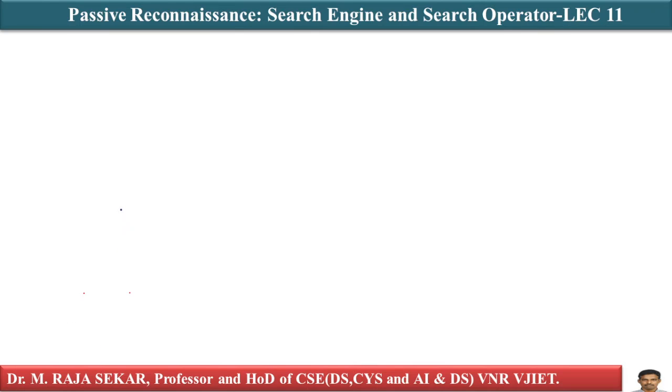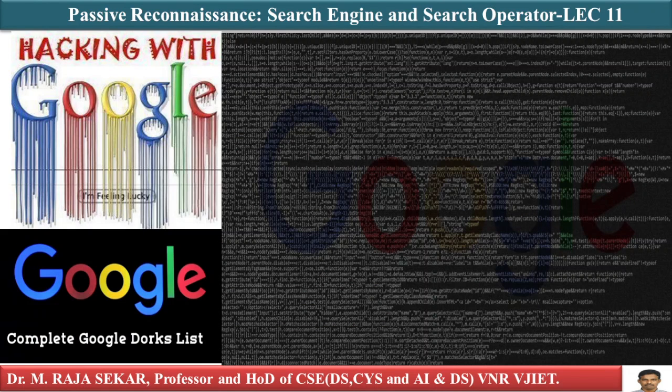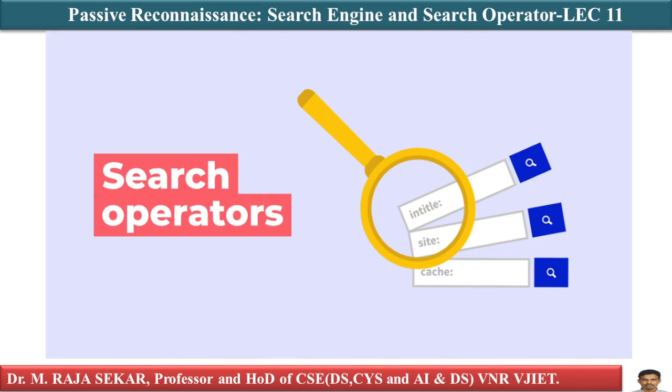In this lecture, we will try to understand search engines and search operators in the context of passive reconnaissance. With respect to search engines and search operators, there are so many flexible search options available in modern-day search engines.